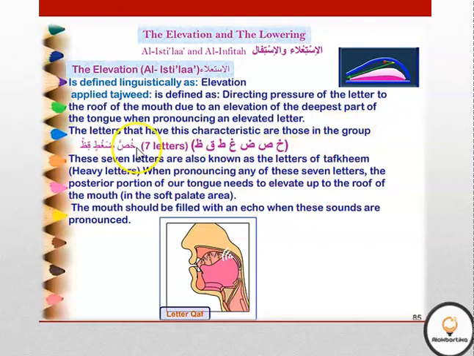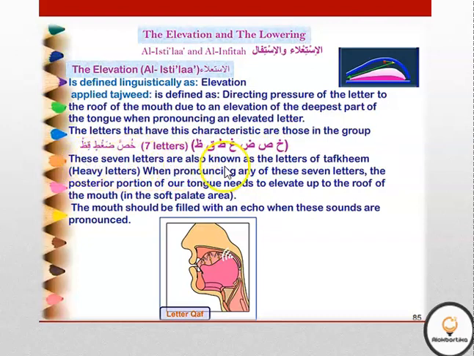There are 7 letters. As we have mentioned, there are 7 letters of tafkhim among the 29 Arabic letters. So they are kha, sad, dad, ghain, ta, qaf, za.